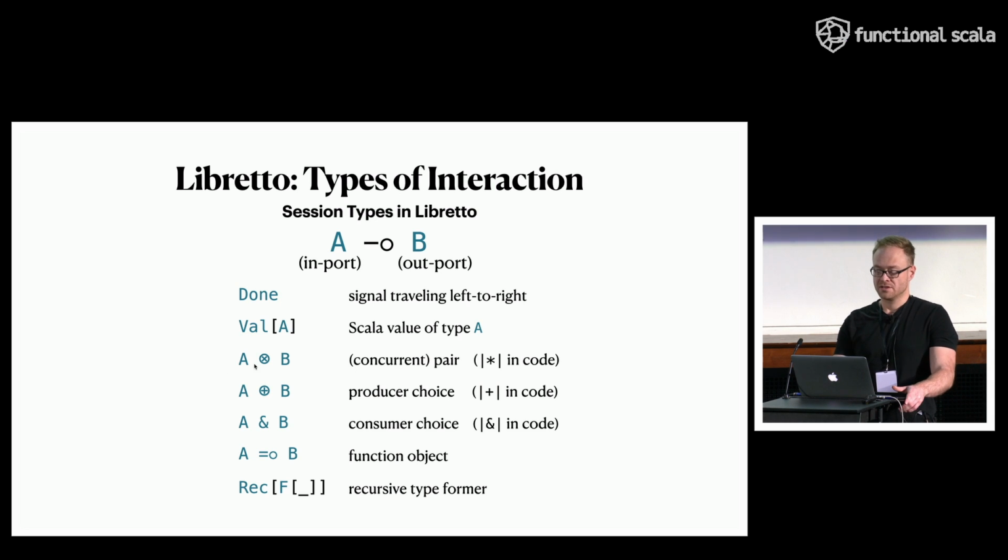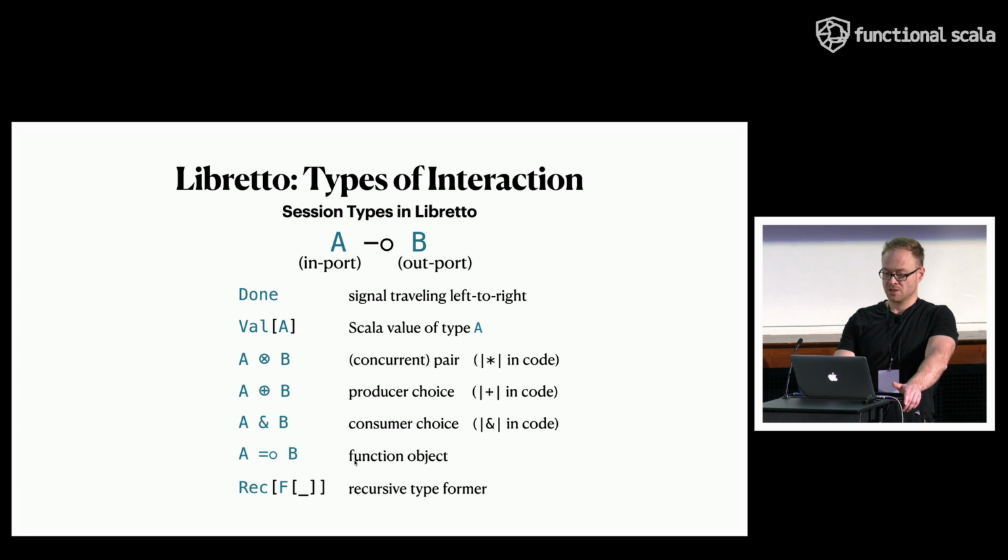We can form pairs where the interaction takes place over both parts concurrently. And then we have producer choice, where the producer picks whether to produce the left side or the right side, and the consumer has to be ready to handle either one. Dual to that is consumer choice, where the consumer picks whether they want to consume the left part or the right part. They have to pick exactly one. And the producer has to be ready to produce either one.